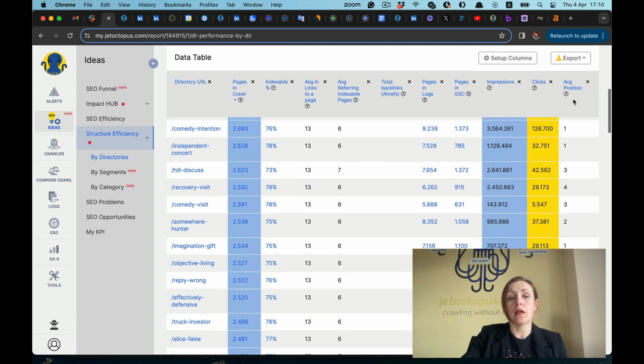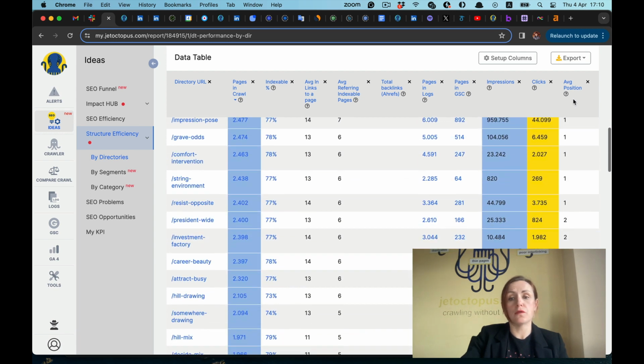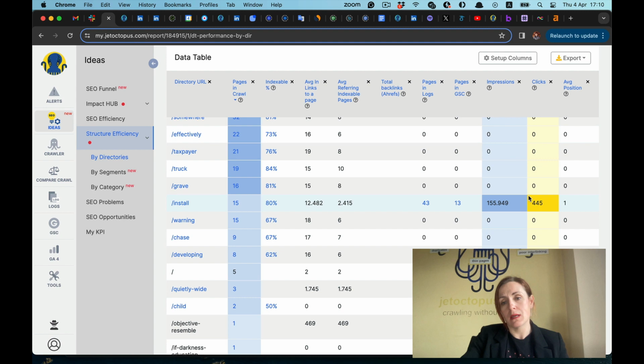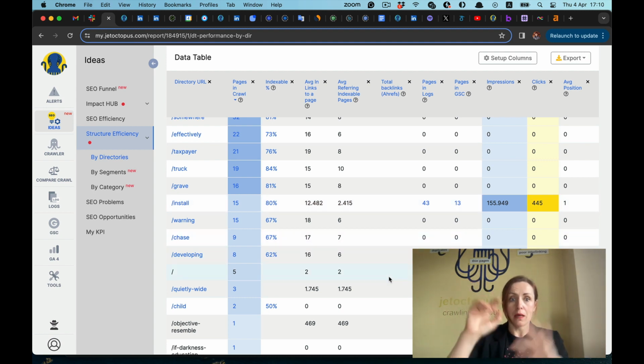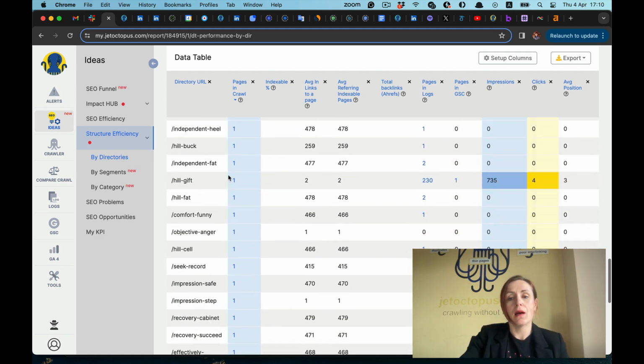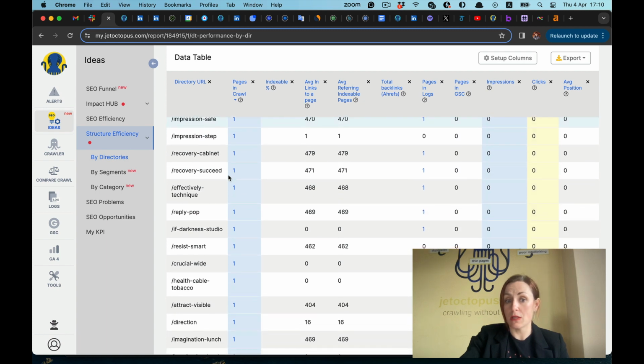You have all this information for all the directories you have, and we even added color markers for you to see where there is 0, the better efficiency, the worse efficiency. So all this information is at hand within one click.